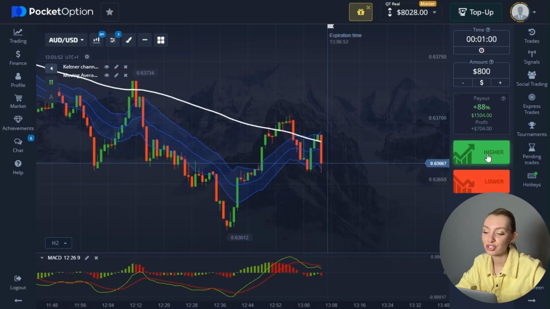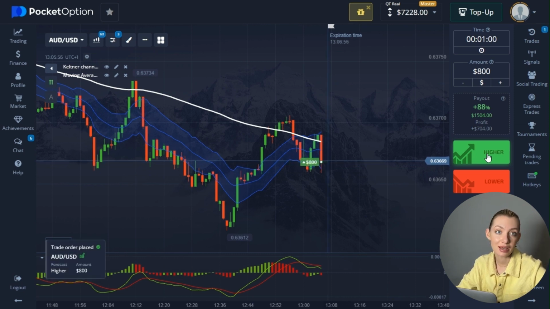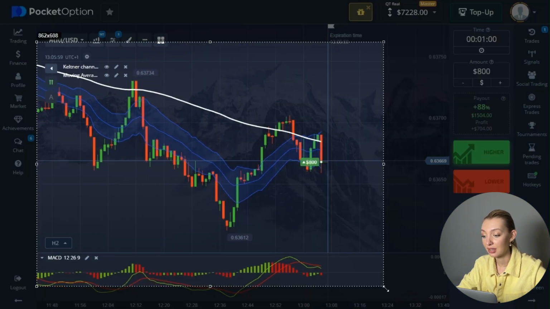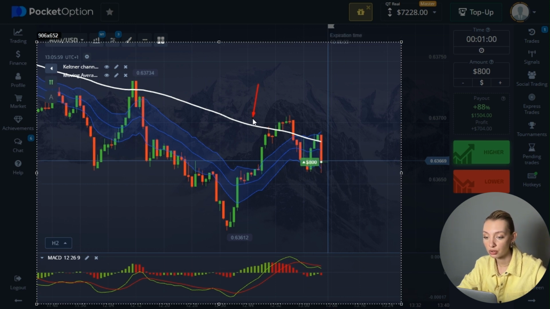Well, friends, let's start by opening a deal to increase the exchange currency pair of the Australian and American dollars. Let's look at the chart carefully. Firstly, we can judge about the downward trend by the moving average signals.